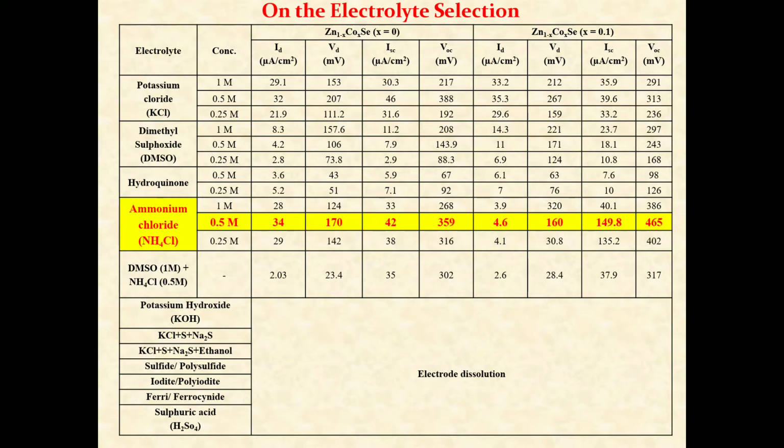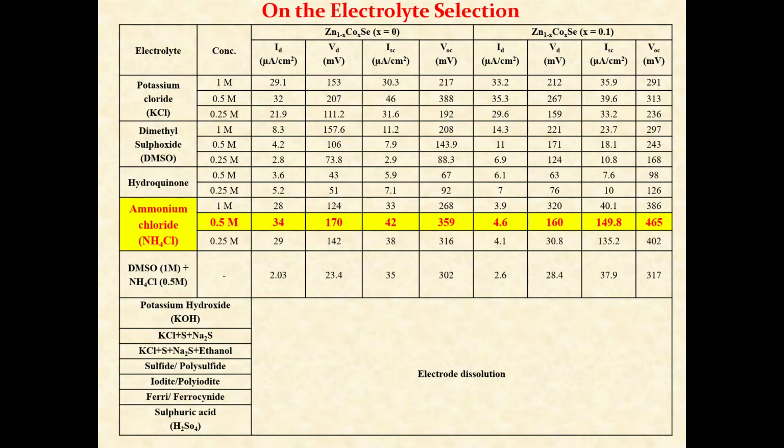First, VPH and IPH were measured by changing the electrolyte concentration, and various electrolytes were tested, like potassium chloride KCl, dimethyl sulfoxide DMSO, hydroquinone, ammonium chloride NH4Cl, DMSO 1 mole plus NH4Cl 0.5 mole, potassium hydroxide, KCl plus S plus Na2S, likewise etc.